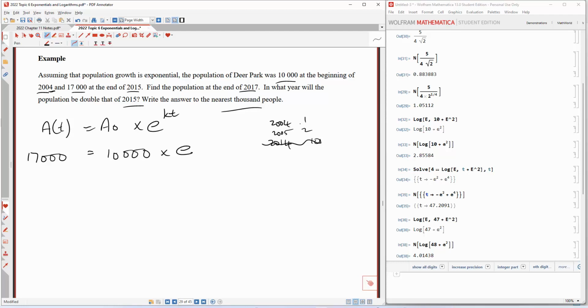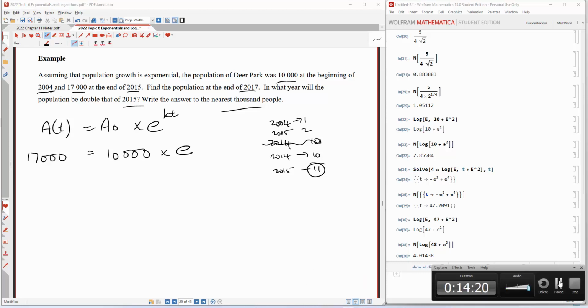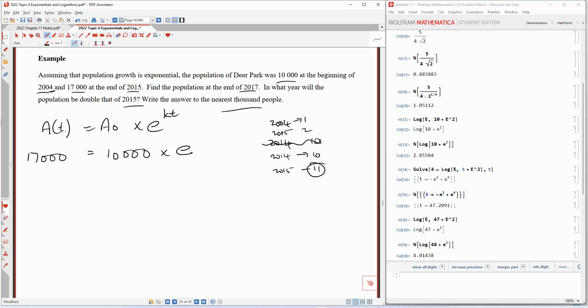Each instance counts as 1, so 2014 will be the 10th, 2015 will be the 11th. So this is after 11 years. Is that right? Let me think about that. Yeah, happy with that. So let's run with it.